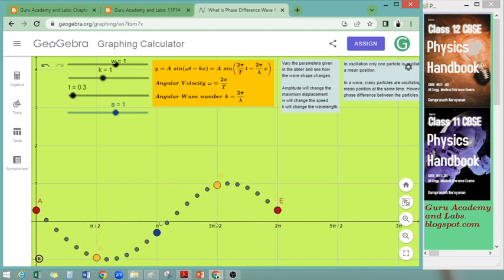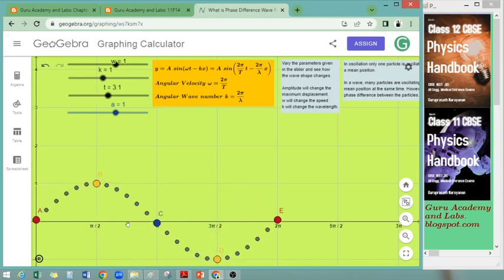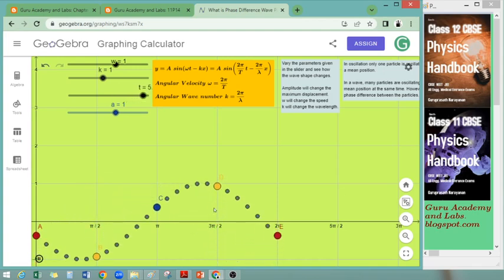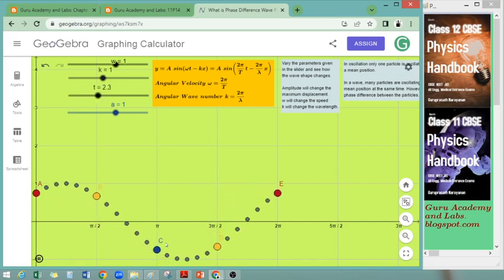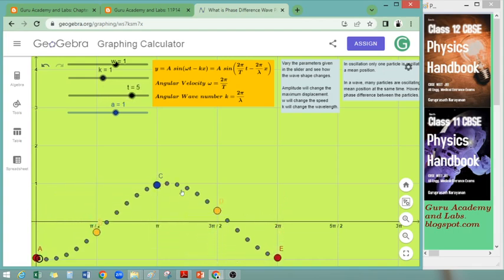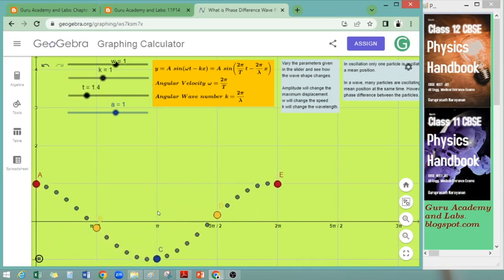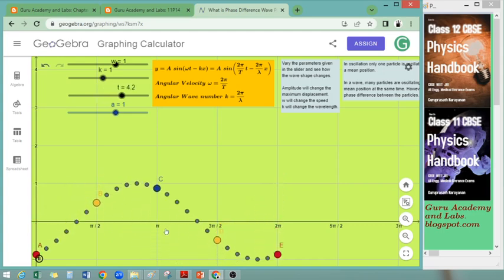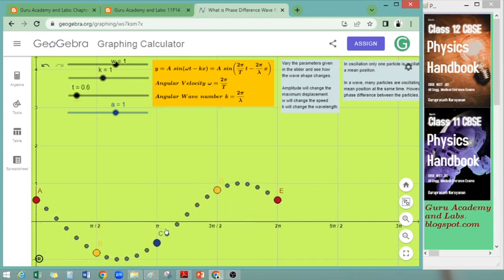So it's like 180 degrees apart. That means we say it is out of phase. The same thing is applicable for other particles also. Whenever it is 180 degrees apart, look at C and E. They are 180 degrees apart and we say it is out of phase. Same thing for A and C. So I hope you are able to follow what is in phase and what is out of phase.